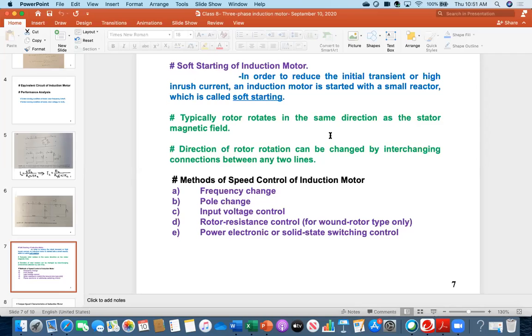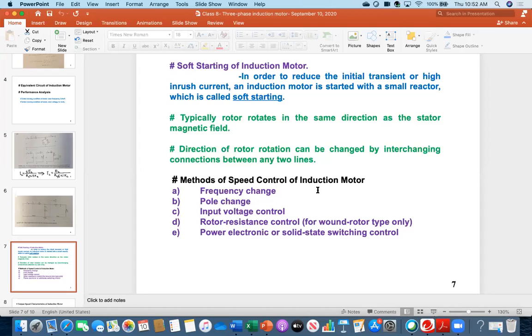Same thing for conveyor, elevator, escalator, all are motors, and they have different applications or objectives. So the main thing is I have to control the speed. That's why I need to know the methods of speed control of induction motor.